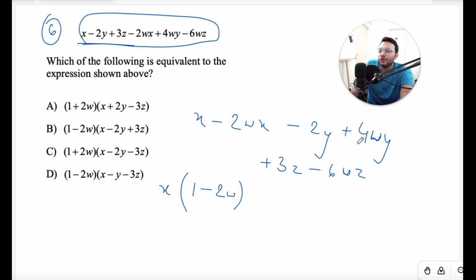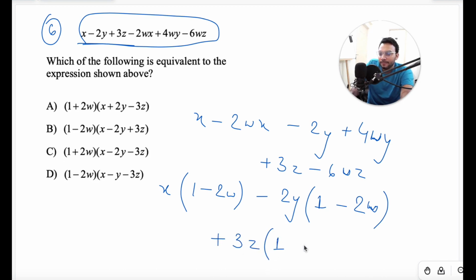Minus 2y plus 4wy, I take minus 2y common, (1 minus 2w). Okay. Plus 3z minus 6wz, I take 3z common, (1 minus 2w). Okay. Now you can see (1 minus 2w) as a factor is common in all three terms.